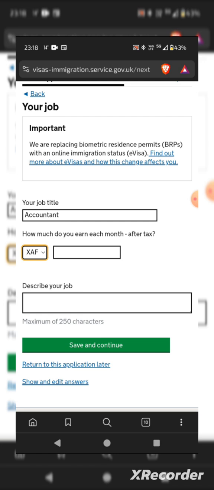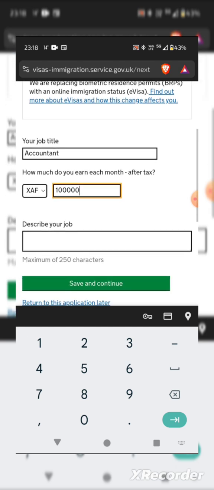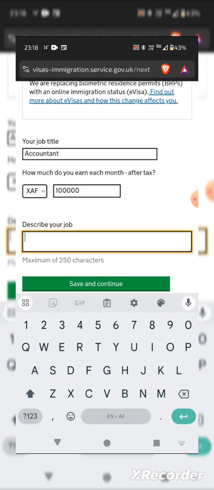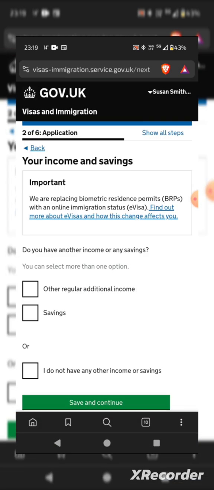Don't change it. It's advisable not to change it. So if I say I make 100,000 in a month as a salary, then the description, you type what your job is about, what you actually do in your job. You type all that, save and continue.